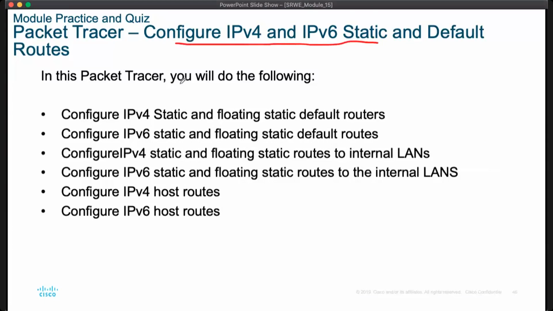In this Packet Tracer, you will do the following tasks: configure IPv4 static and floating static default routes, configure IPv6 static and floating static default routes, configure IPv4 static and floating static routes to internal LANs, configure IPv6 static and floating static routes to the internal LANs, and configure an IPv4 host route and also an IPv6 host route.